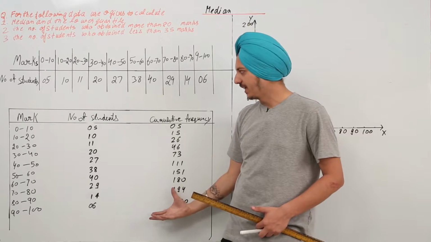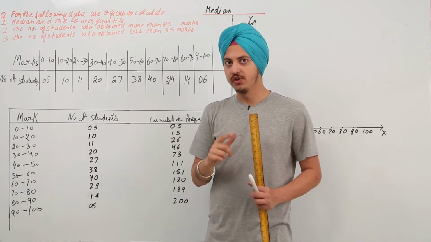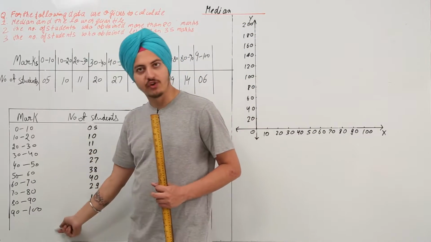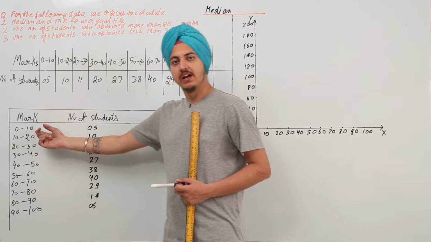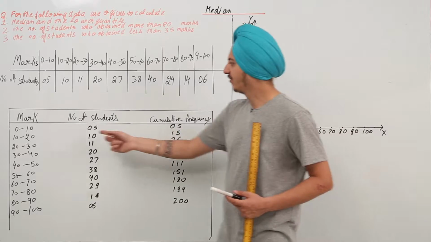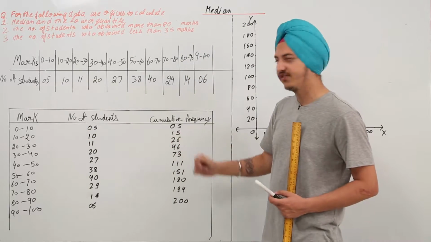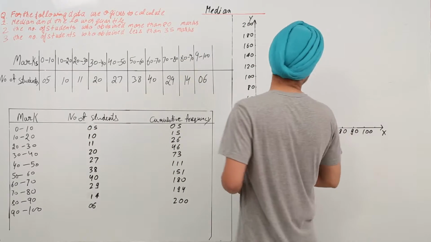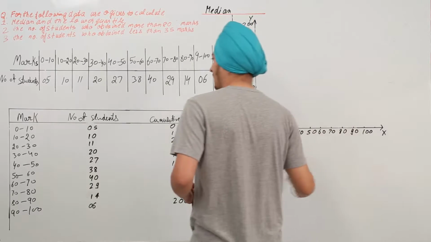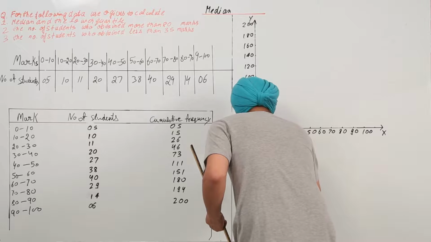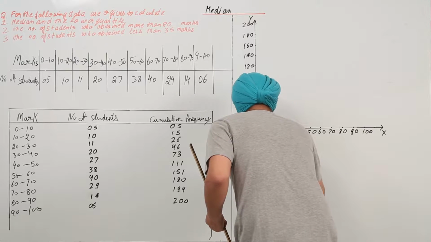Now, after making this, what do we do? What did we used to do? We used to take the upper limit of all of these, and we used to mark the point for this, say 10 and 5, for this 20, 15, right? So I'm going to write these points over here. The first point is 10, 5.